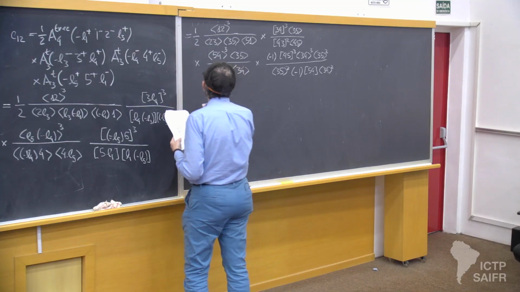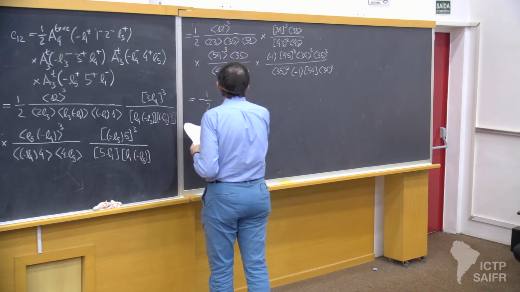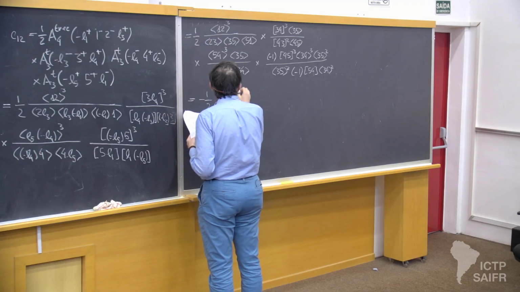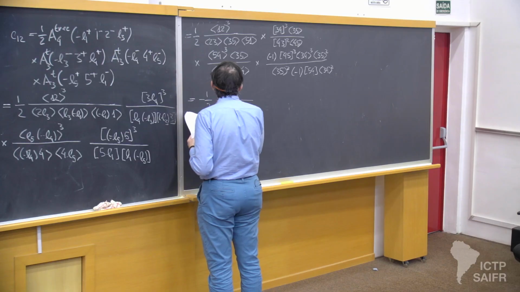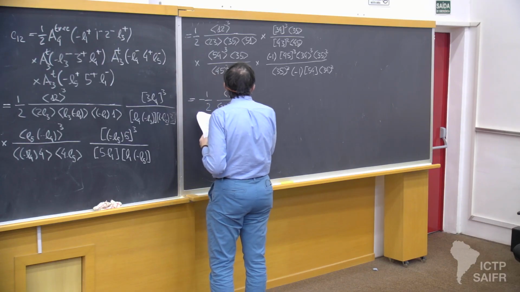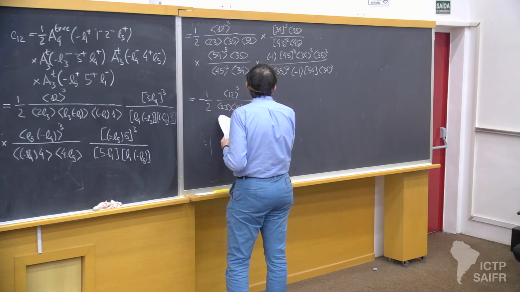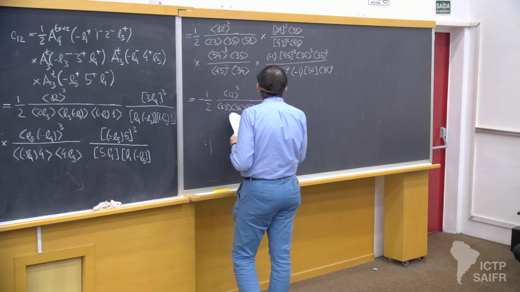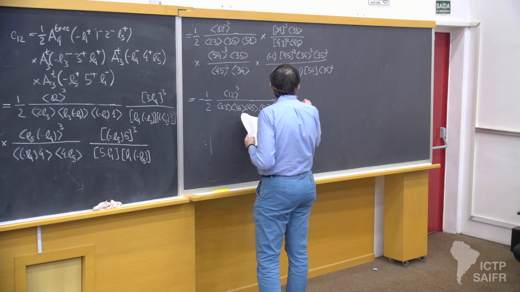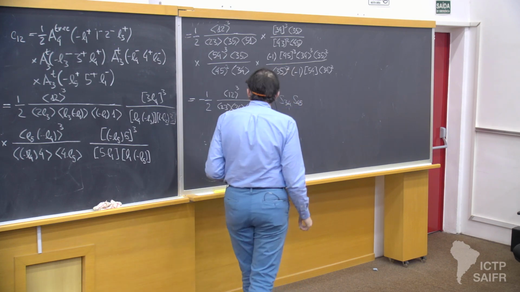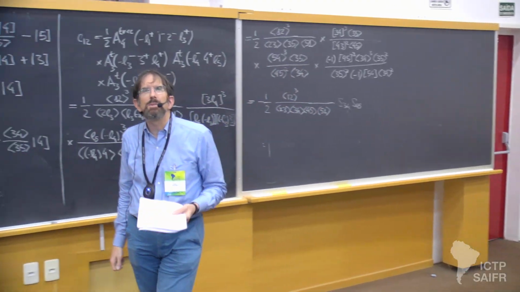And what this turns out to be is something that you recognize already. 2, 3, 3, 4, 4, 5, 5, 1 times S34 times S45. And this thing, I think everyone recognizes by now.